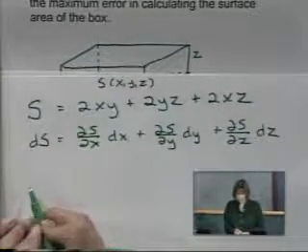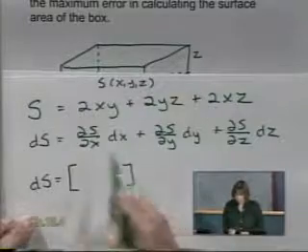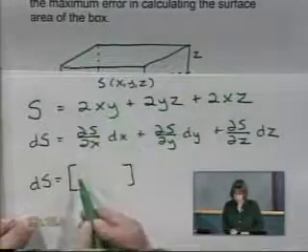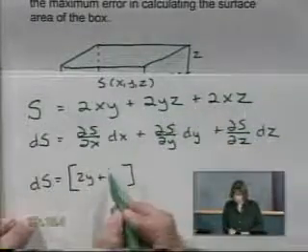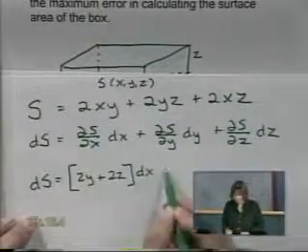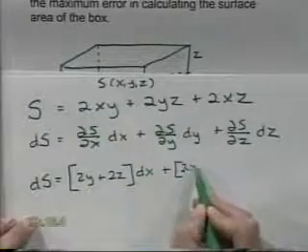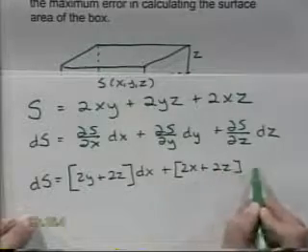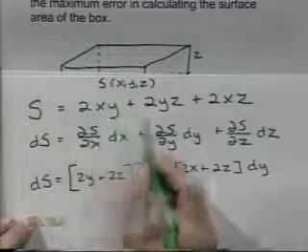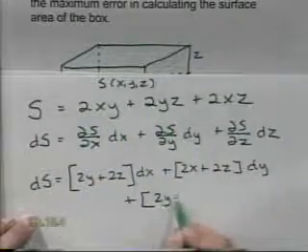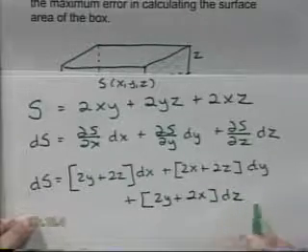All right, so let's see if we can compute this. dS is equal to, if we're taking the partial with respect to x, you'll have 2y plus, that's a 0, 2z times dx, plus the partial of S with respect to y is going to be 2x plus 2z times dy, plus the partial with respect to z, that one's 0, that'll be 2y, and that one will be 2x, times dz.